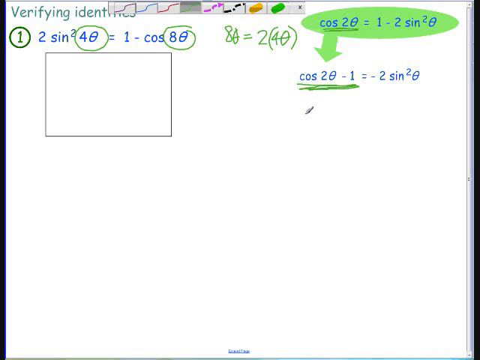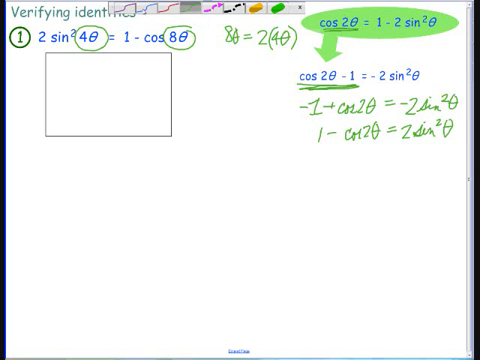What else could I do with this? I could say negative 1 plus cosine 2 theta equals negative 2 sine squared theta, which if I multiply both sides by negative 1, I get 1 minus cosine 2 theta equals 2 sine squared theta.